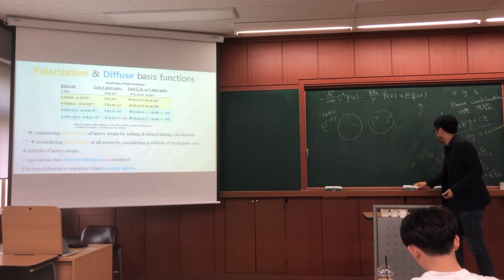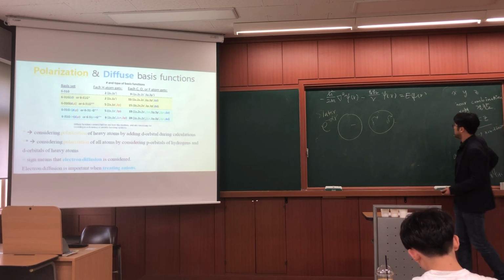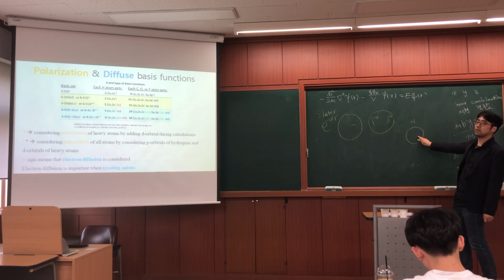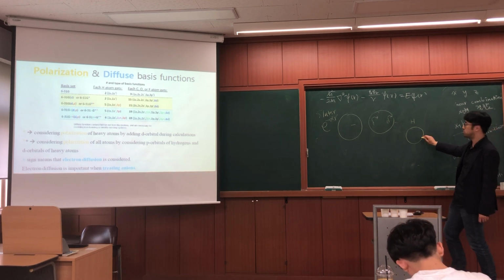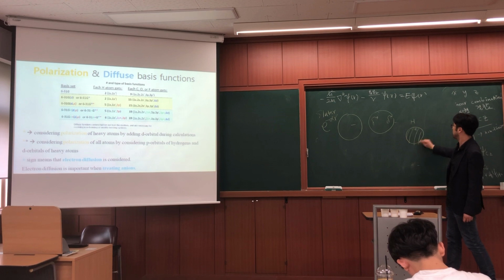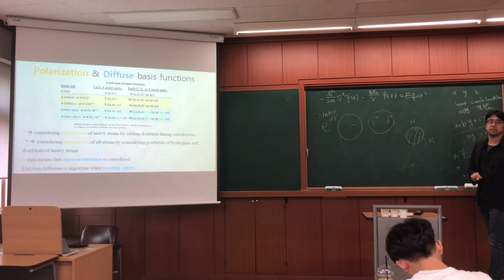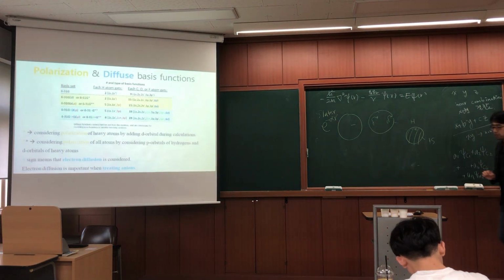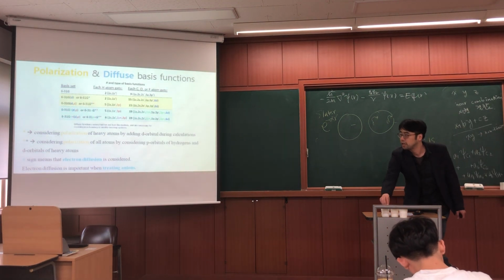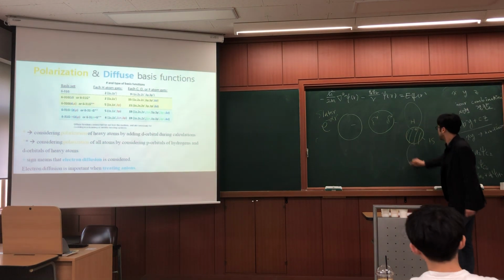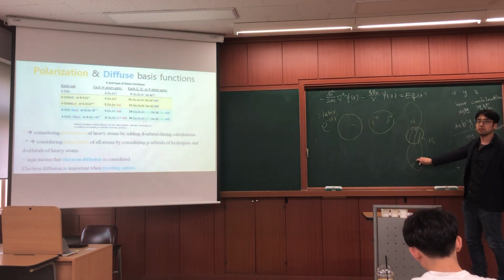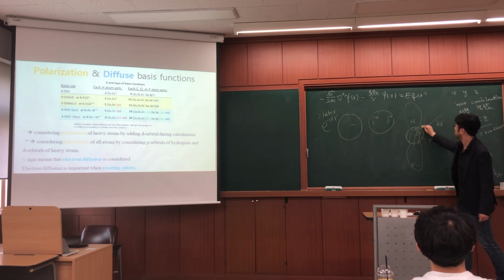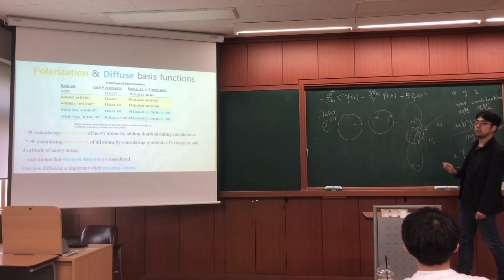So what does this mean? Generally, hydrogen atoms are drawn like this, right? The electron of a hydrogen atom usually stays in the 1s orbital. But in principle, a hydrogen atom also has p orbitals, right? But they are empty, because if you give them energy, then this electron can jump to a p orbital.